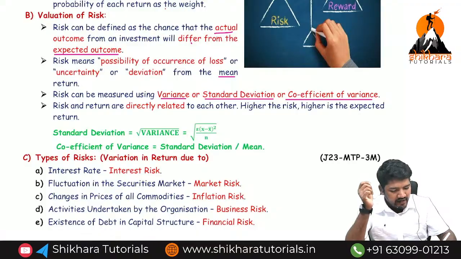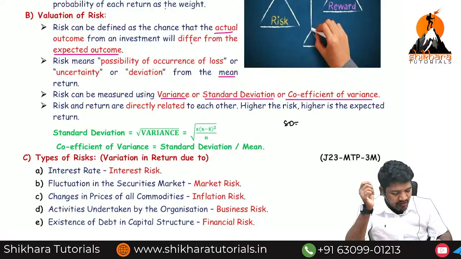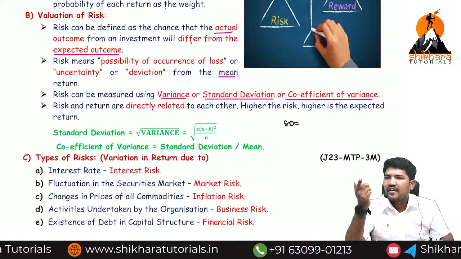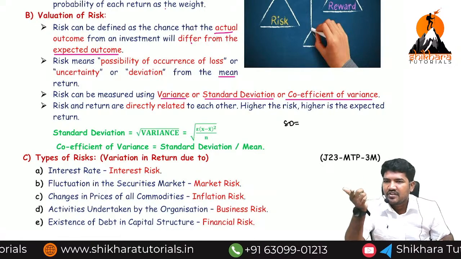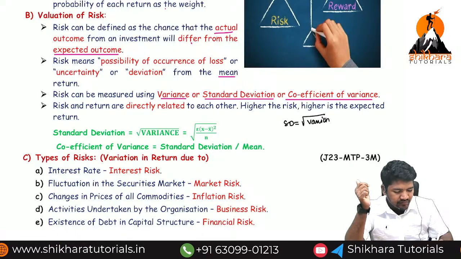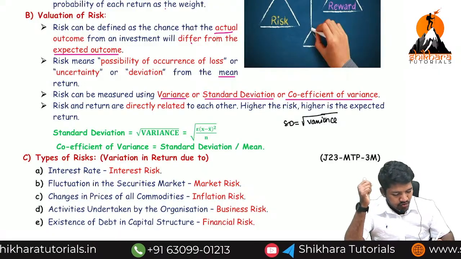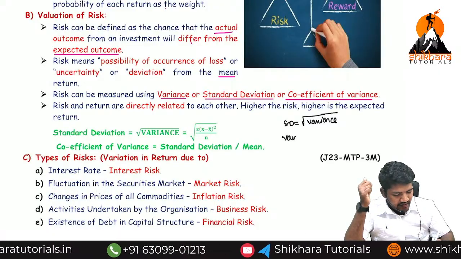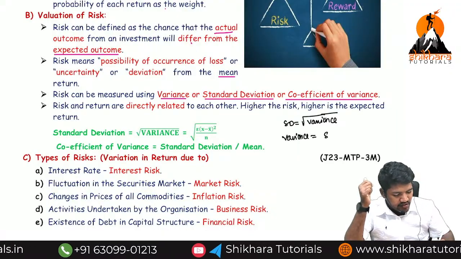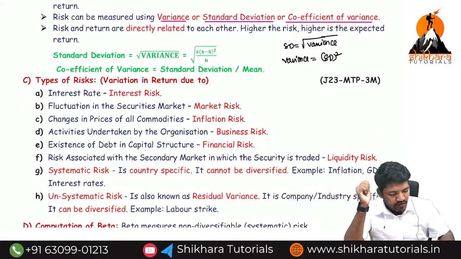Now how to calculate this standard deviation, guys? Standard deviation is a measurement of risk, sir. You use standard deviation for measuring the risk. Standard deviation equals square root of variance. If you send the root to the other side, it is standard deviation squared equals variance.